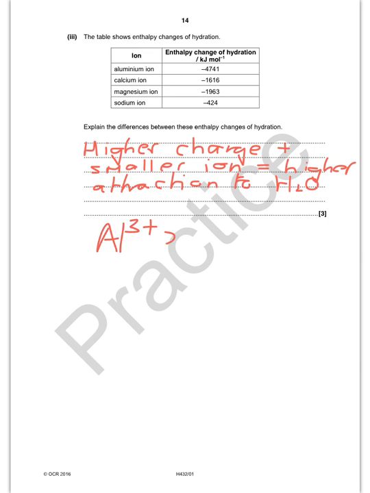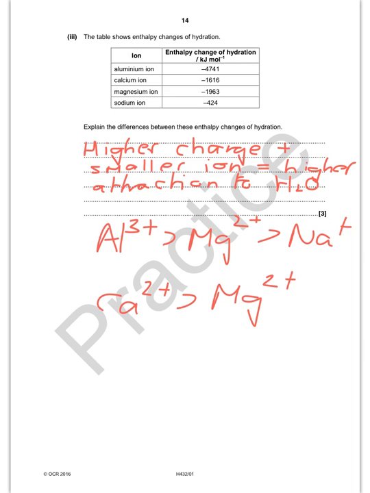So aluminium has a higher charge than magnesium, which has a higher charge than sodium plus, like so. And then when you look at calcium and magnesium, the calcium ion is going to be larger than the magnesium ion, because obviously calcium is in the next period down.